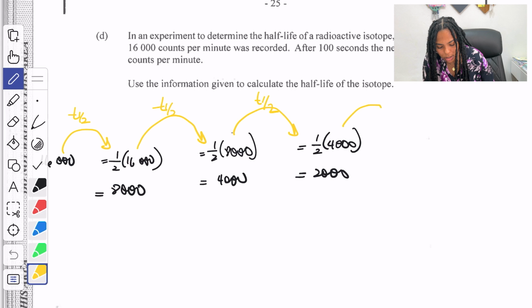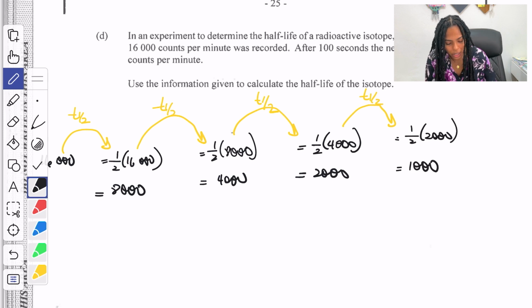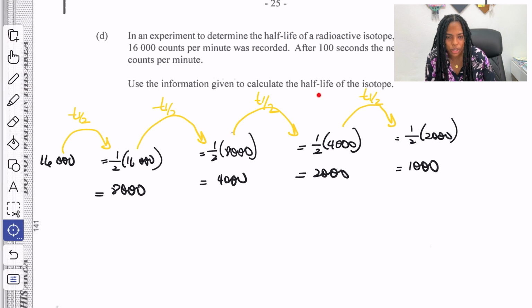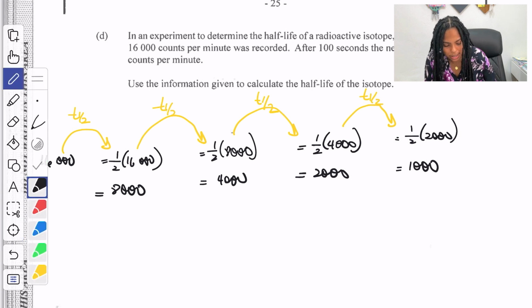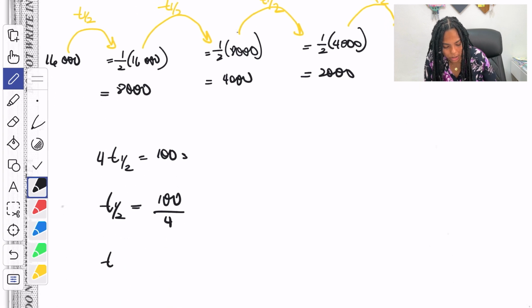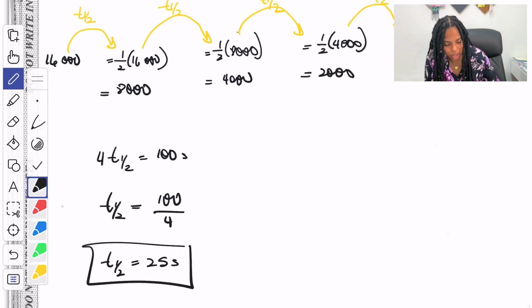And after another half-life period, it will drop to half of 2,000, which is 1,000 counts. So 1, 2, 3, 4 half-life periods. So if 4 half-life periods took 100 seconds, then 1 half-life period will take 100 divided by 4, which gives me 25 seconds. So that is the half-life of this radioactive substance.